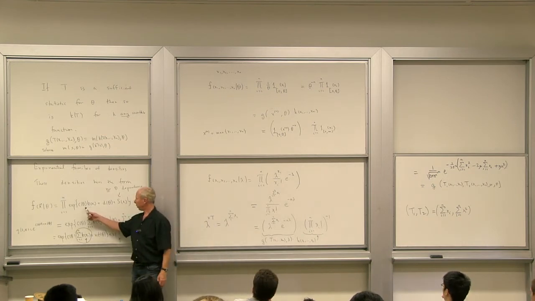These could be vectors, by the way. This could be an inner product between a vector c and a vector k.